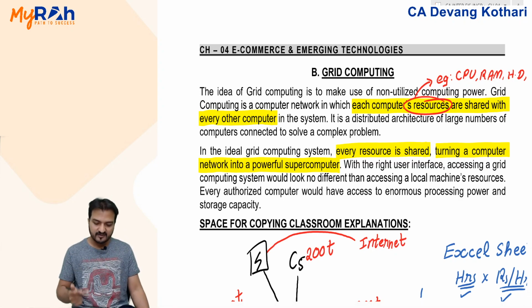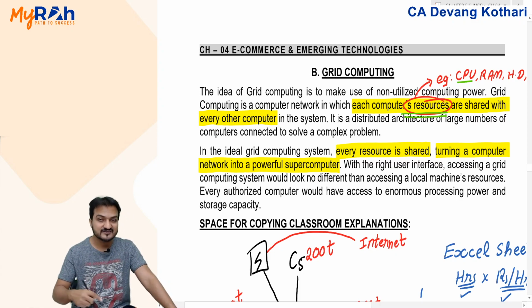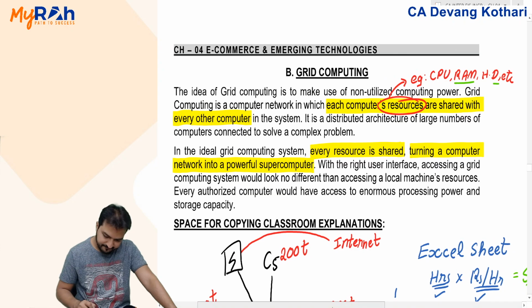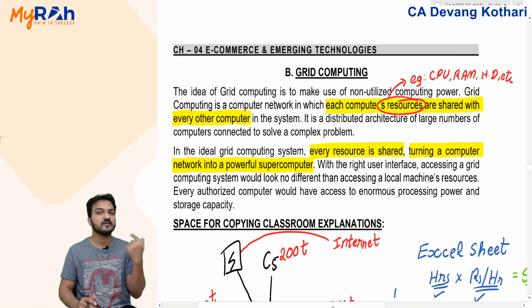That was called grid computing. Now, what resources can be shared? Maybe the CPU, that is processing power, or memory, RAM, or the hard disk. So grid computing was basically sharing resources with other computers.